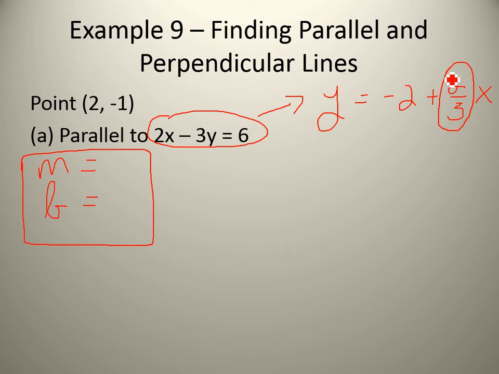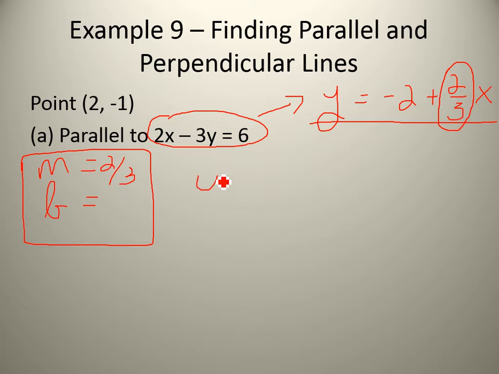And what we know is that any line that would be parallel to this line here would also have to have a slope of 2/3. So I'm going to fill that in here. And when I do that, now I know what the slope is. So all I'm left to figure out here is what's the value of b, what's the y-intercept.